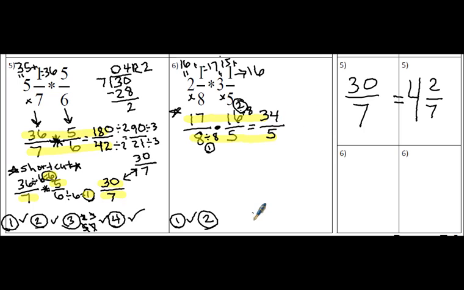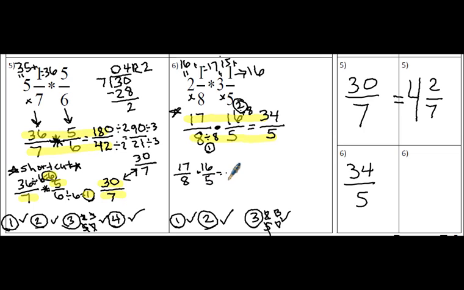And if I go to try to simplify that, they're not both even, so I can't divide by 2, and 3 doesn't go into 5. 5 goes into 5, but not 34, and 7 doesn't go into either of them. So I see that 34/5 is already simplified because I simplified before I multiplied.